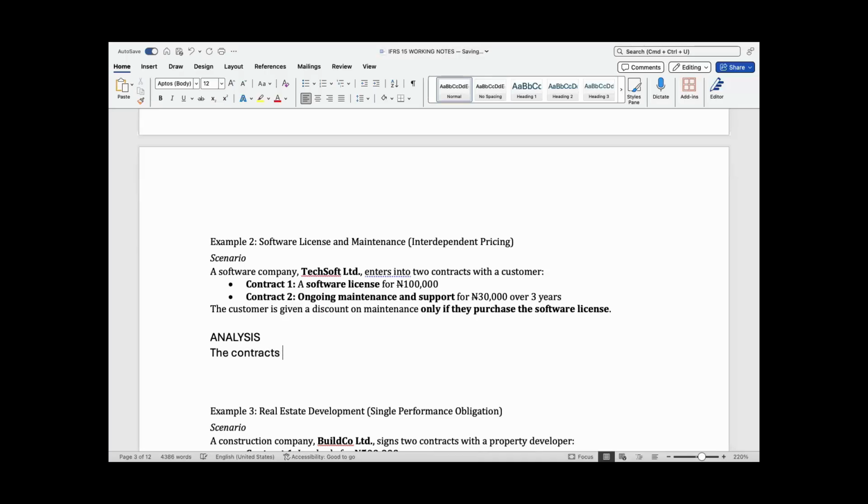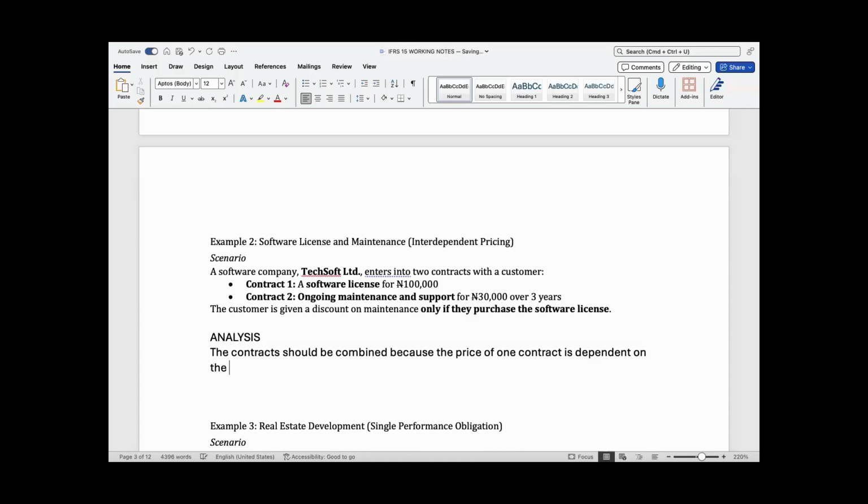The contract should be combined because the price of one contract is dependent on the price or performance of another.